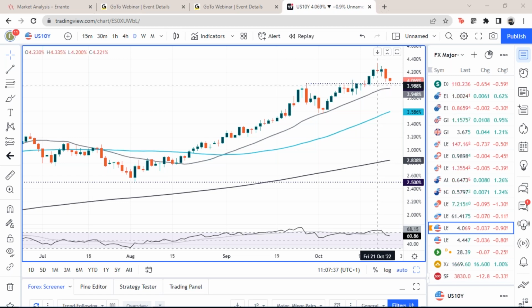And aside from these yields, of course, yesterday we also got softer US data. That was in the form of weaker than expected consumer confidence and US house price data as well.